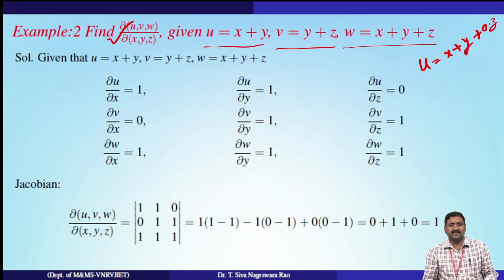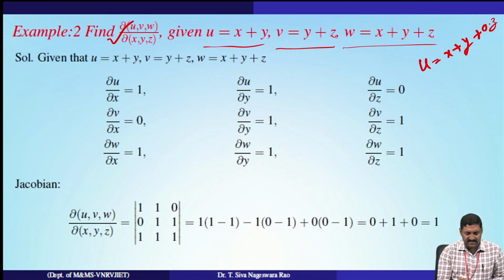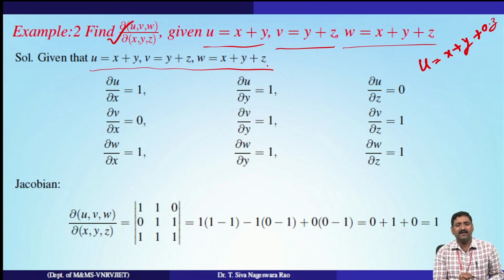So it means z is also a variable involved in u, but its coefficient is zero. So u depends upon x, y, z, v depends upon x, y, z, and w depends upon x, y, z. So we can talk about the partial derivatives of u, v, w with respect to x, y, z.